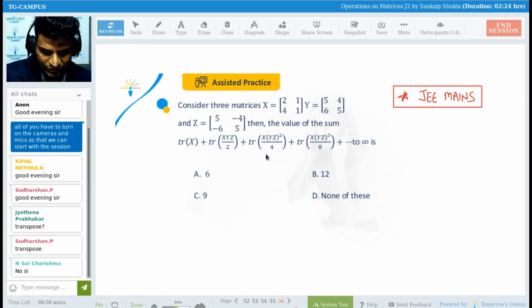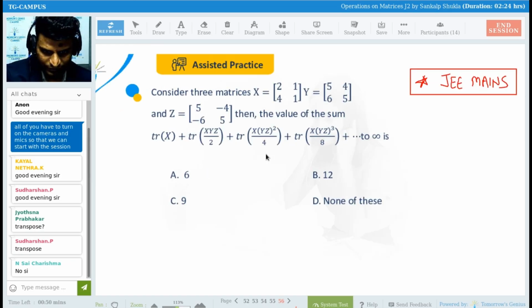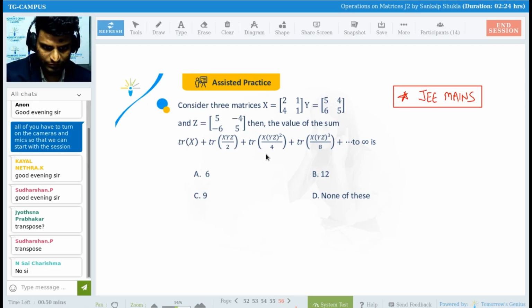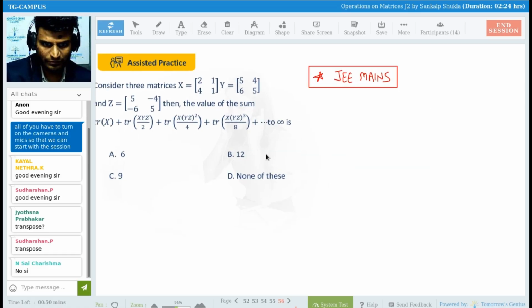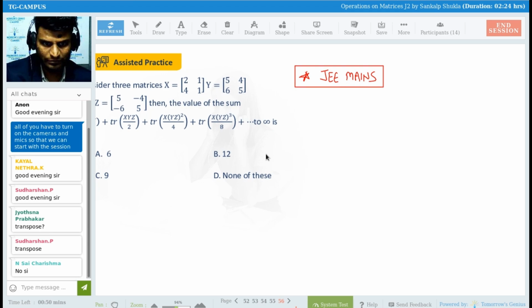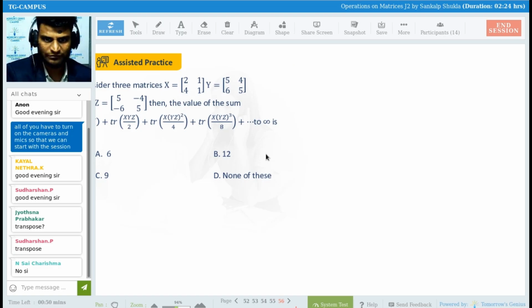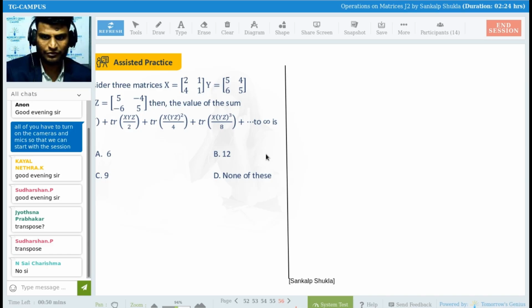Okay, I'll first adjust this question somewhere here. I'll erase this because it is using so much space. So, is the question visible, everybody?